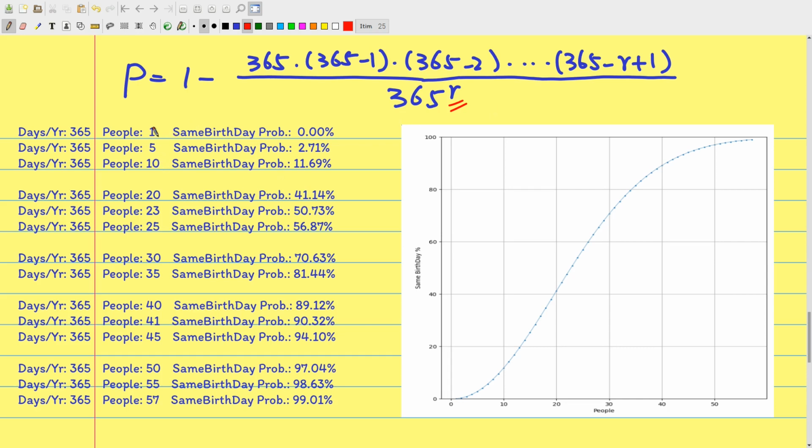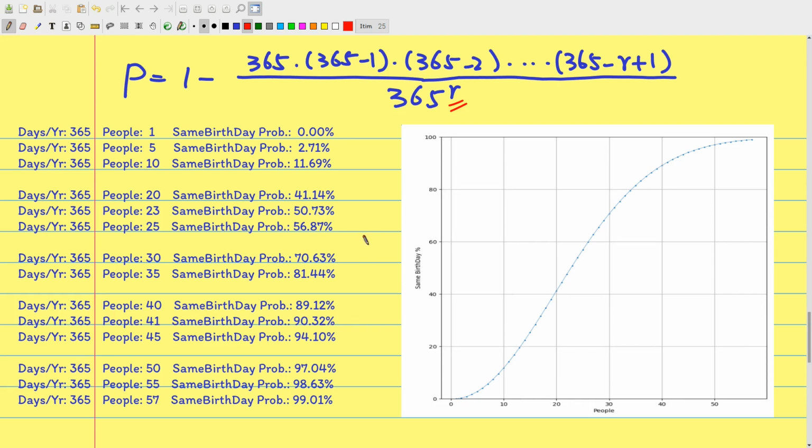Now we calculate for 1 person in the room, the probability is 0, obviously. Only you in the room, no other people have the same birthday as you. 5 people, 2.7%. 10 people, 11%. 20 people, 41%. So more than 50% is 23 people. 23 people usually give more than a 50% chance to see at least 2 people with the same birthday, not the same birthday as you.